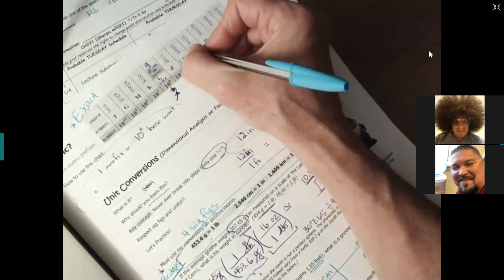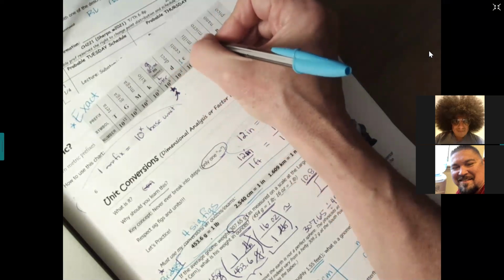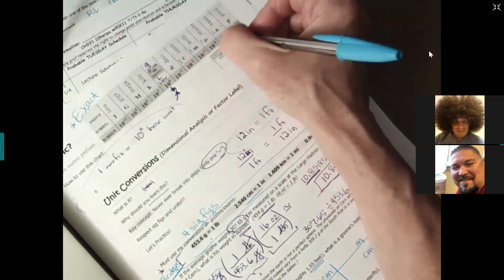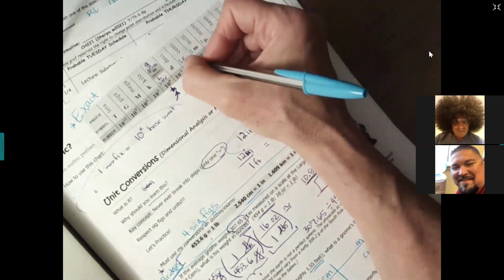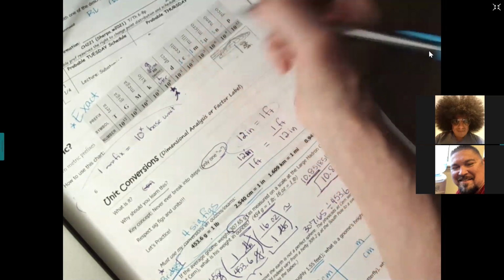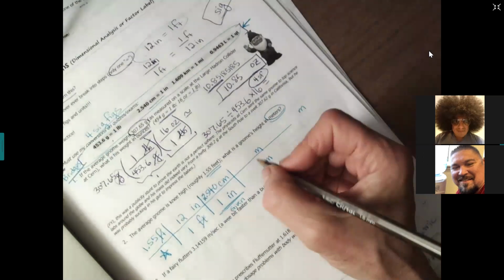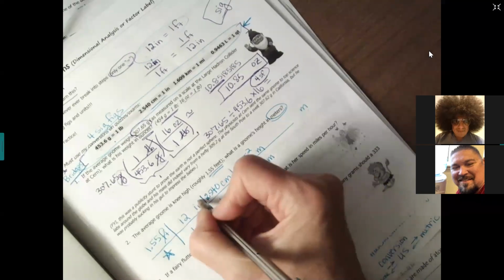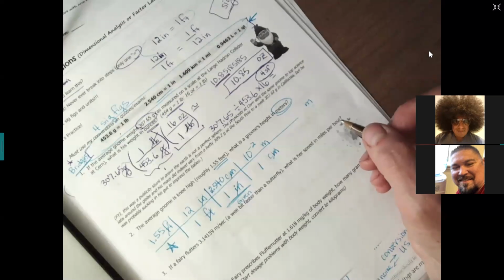I had a student last term, and if you put a 1 in front of each of these up here, 1 nano is equal to 10 to the negative 9, or 1 centi is equal to 10 to the negative 2. That might help you. So 1 centi is 10 to the negative 2. So my inch canceled, my centimeters canceled, and I'm left with meters. And we would punch that in, and that's my calculator again.